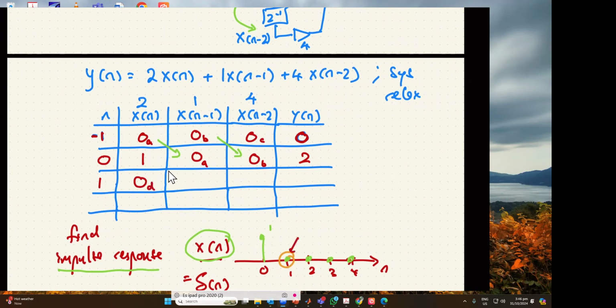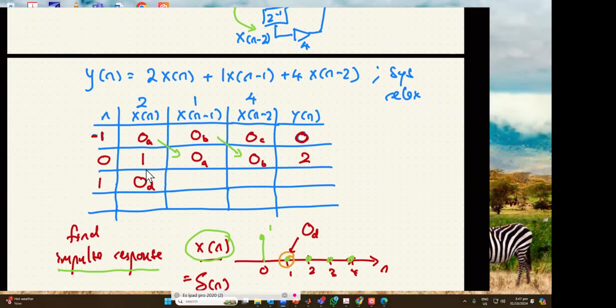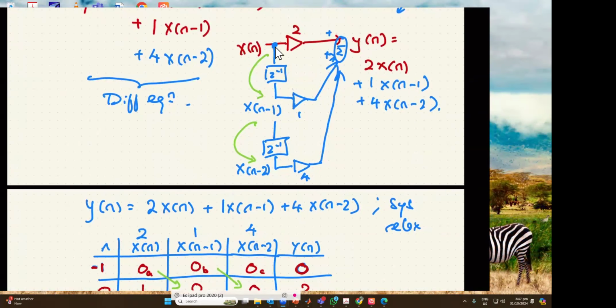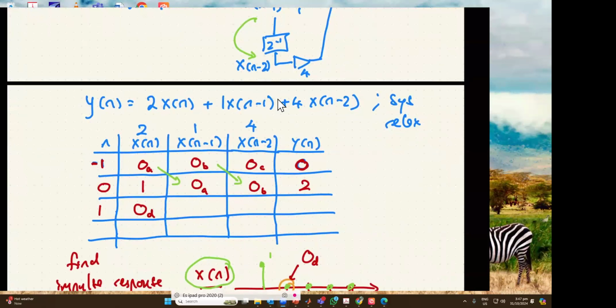So this 0D is pushed into here, xn. What happened to 1, guys? Just look at the figure again. The 1, which was originally here, will be pushed into xn minus 1. So this is 1. And now we're going to push 0A here. And now the output is what, guys? 1 times 1, because the rest is 2 times 0, 4 times 0. So this is 1. So far, okay, guys?